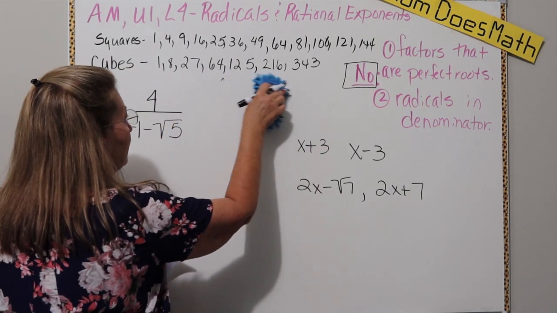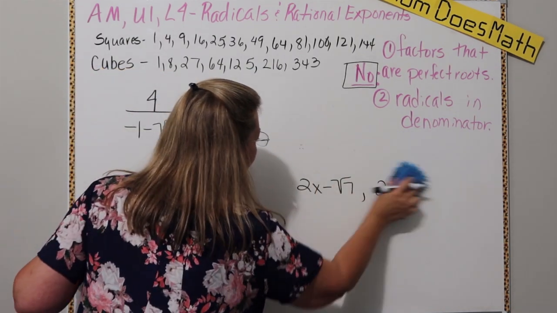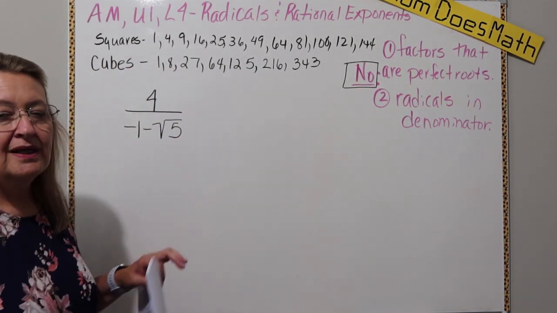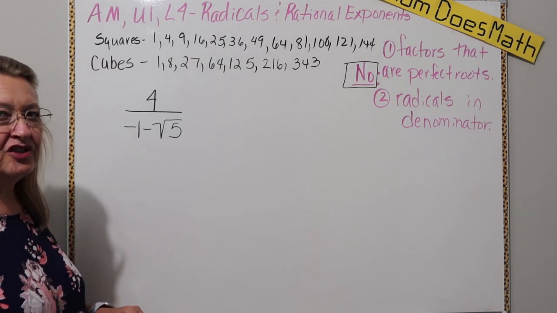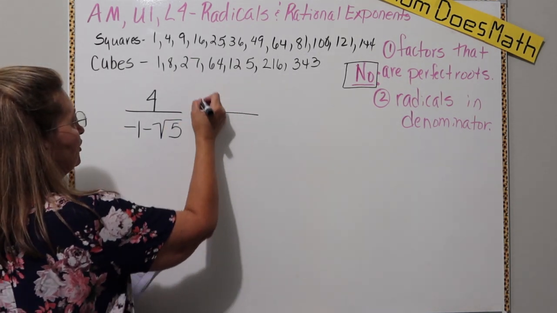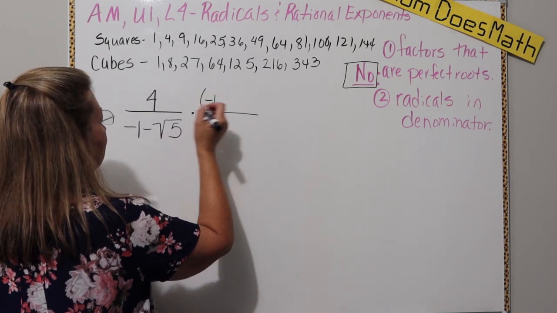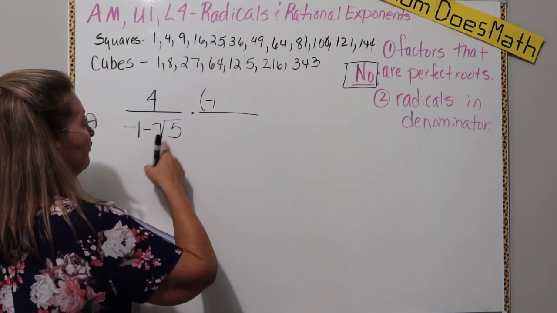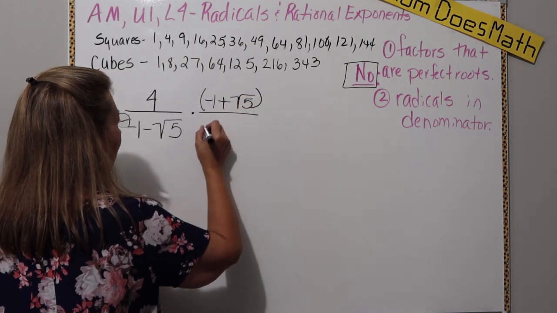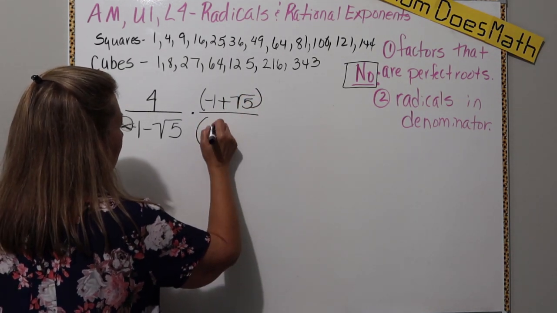Now, something very interesting happens when you multiply a binomial, especially one with a radical, times its conjugate. So let's just look at what happens. If I take this fraction and, instead of just multiplying it by square root of 5, I'm going to multiply it by the conjugate.